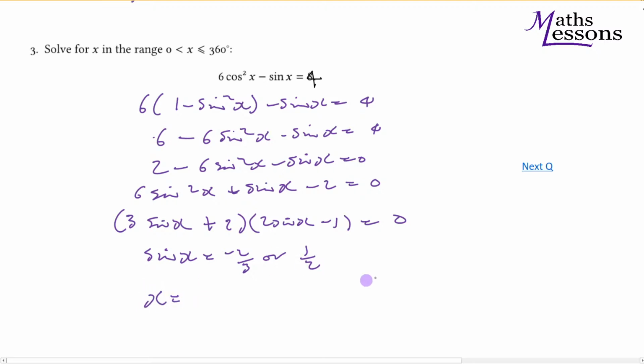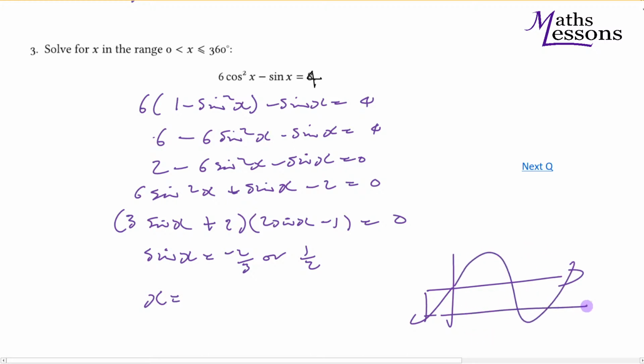And then if we get the minus 2/3, a calculator will give us something negative, about minus 41. So we need to find the two values here and here. This one is obviously that distance, the same as this distance, so add it on to 180, and we get 221.8.